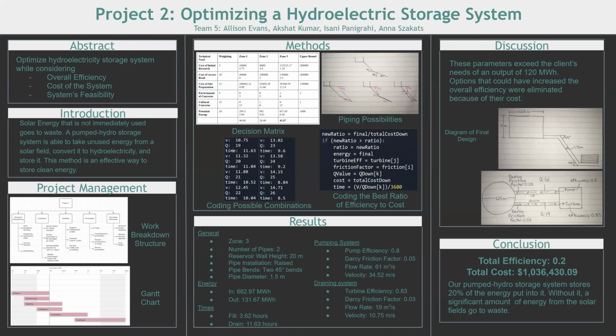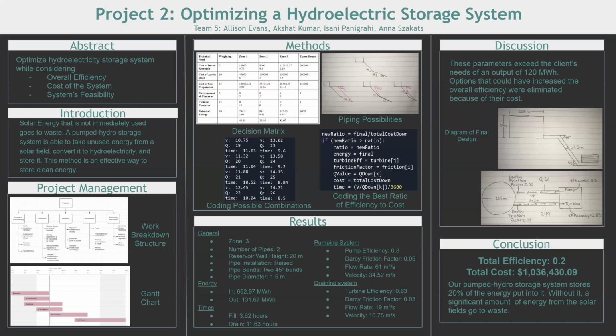In the fill system, our pump efficiency is 80% and our Darcy friction factor is 0.05, while the flow rate is 61 meters cubed per second at a velocity of 34.52 meters per second. In the draining system, the turbine efficiency is 83% with a Darcy friction factor of 0.03, while the flow rate is 19 meters cubed per second at a velocity of 10.75 meters per second.